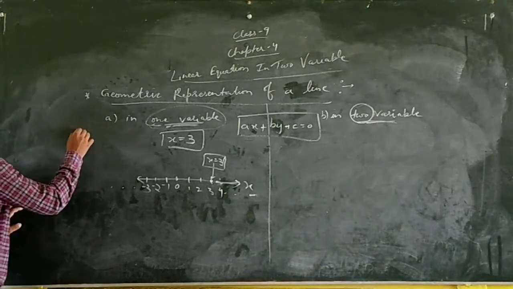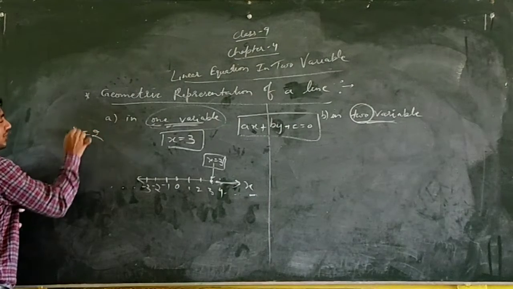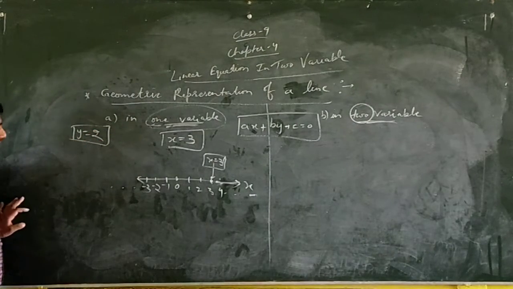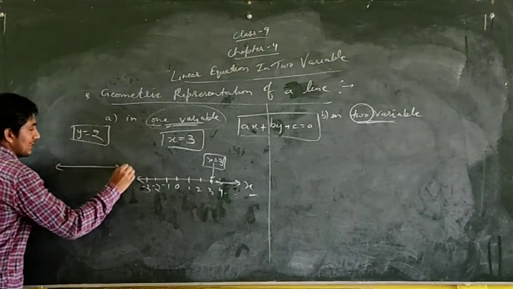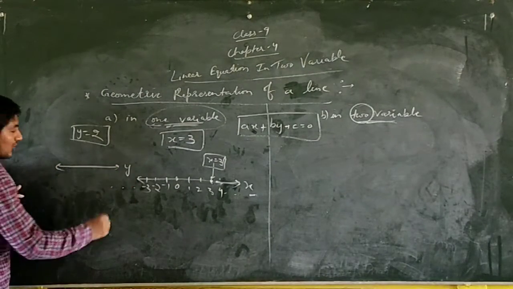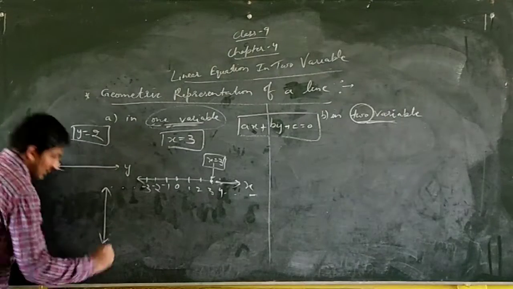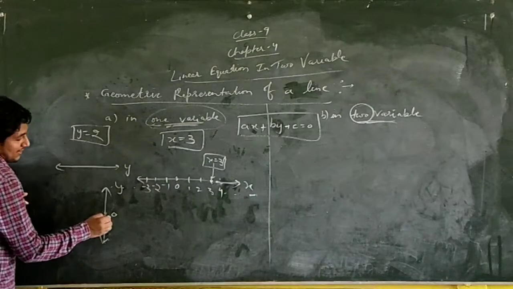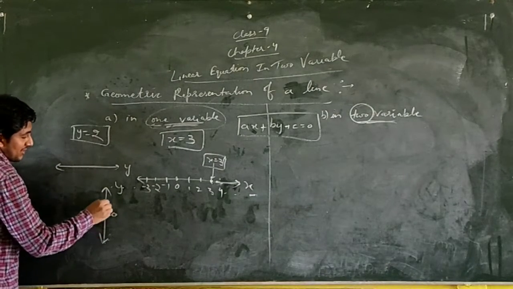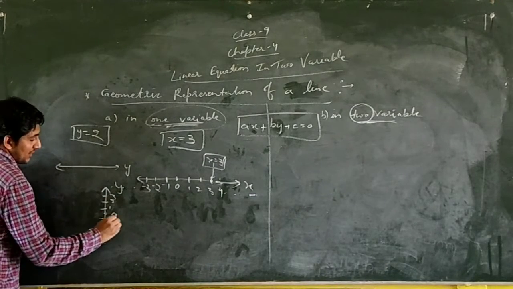If we have y is equal to 2, for example, what will we have? We have to represent the variable y. This is the y variable and this is the origin. Upward is positive, downward is negative.